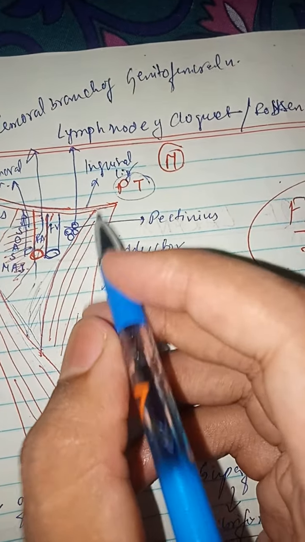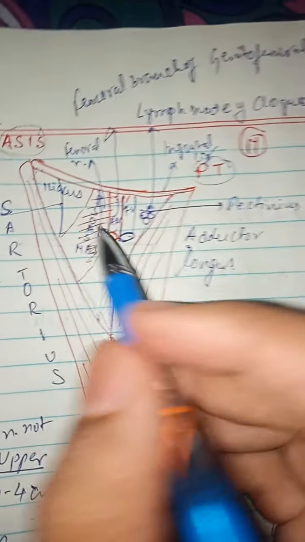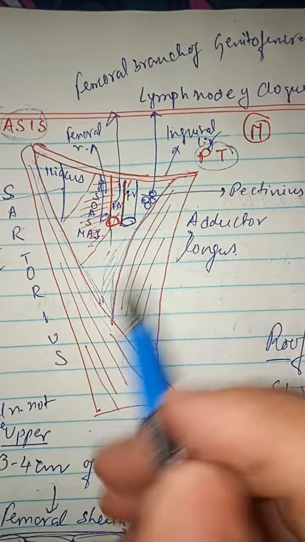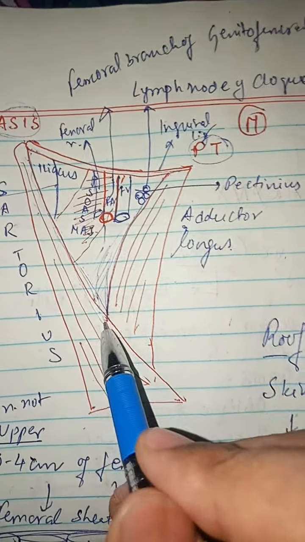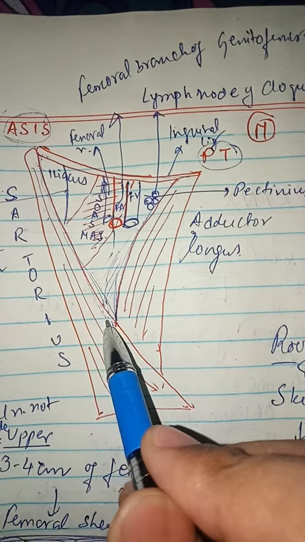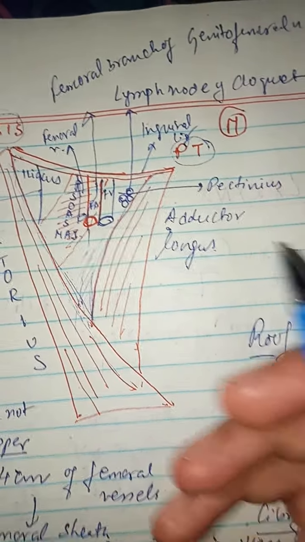The medial border is formed by the medial border of the adductor longus muscle, and the lateral boundary is formed by the medial border of the sartorius muscle.